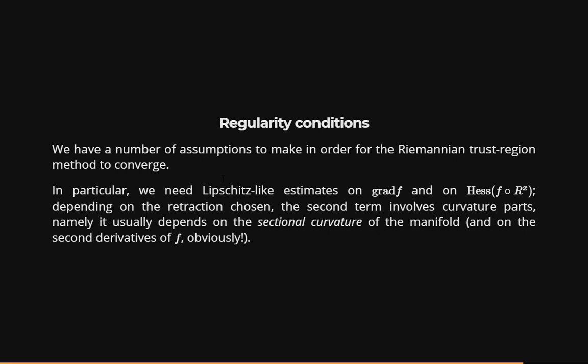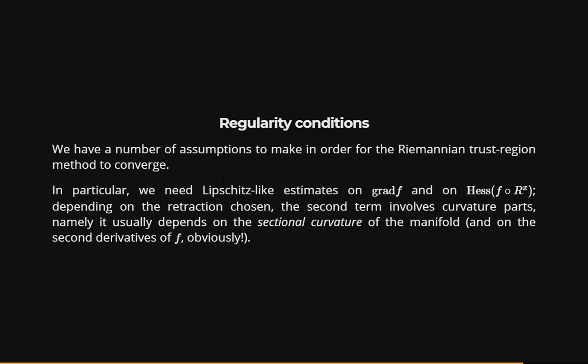Now, if we don't have a second order retraction, or if we maybe have a bad approximation of a second order retraction, in any possible case, this term, the estimates on the Hessian of the composition, involves curvature terms.